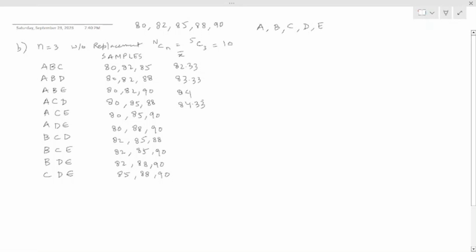Then 80 plus 85 plus 90 would give us the sample mean value of 85. Then 80 plus 88 and then 90 would give us the sample mean value of 86.